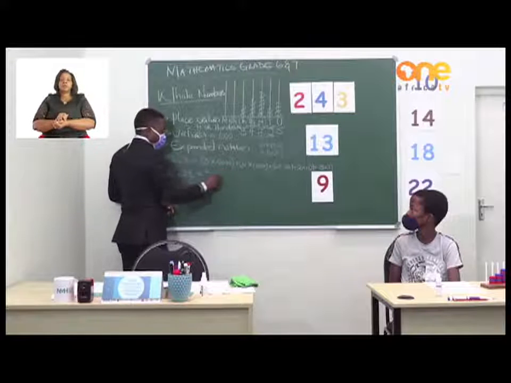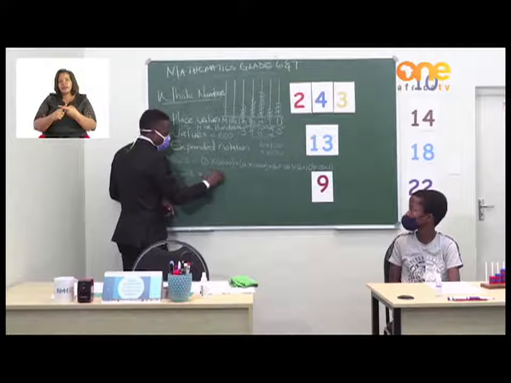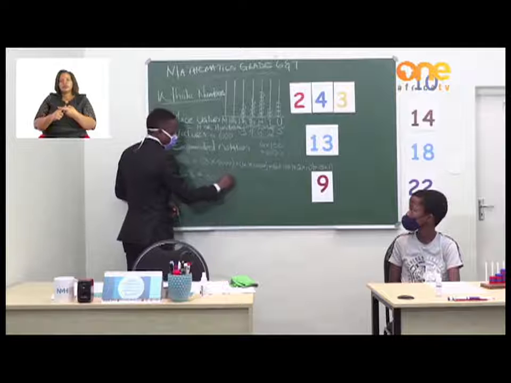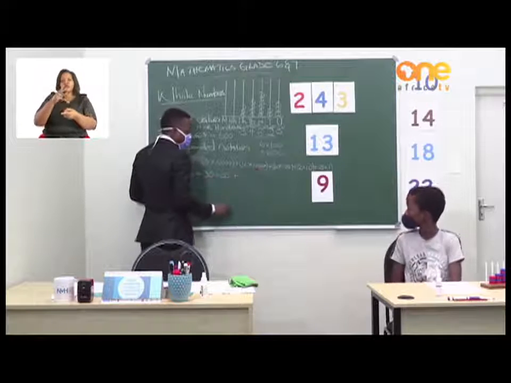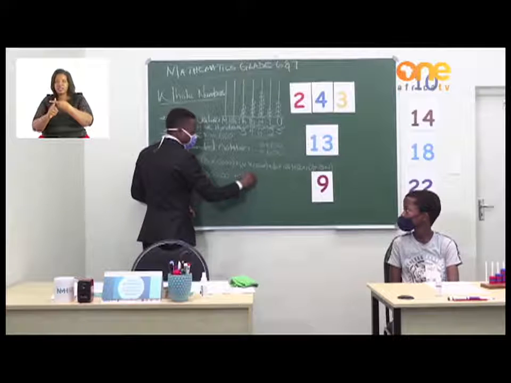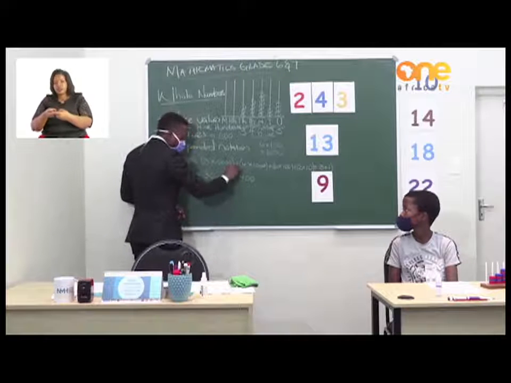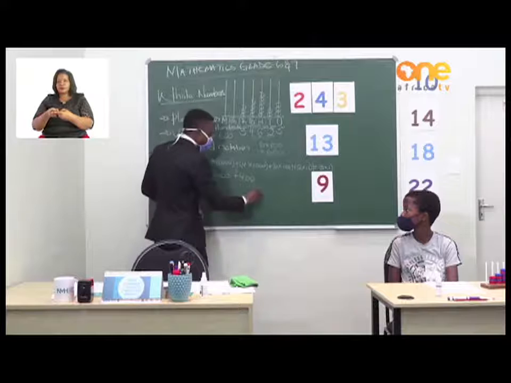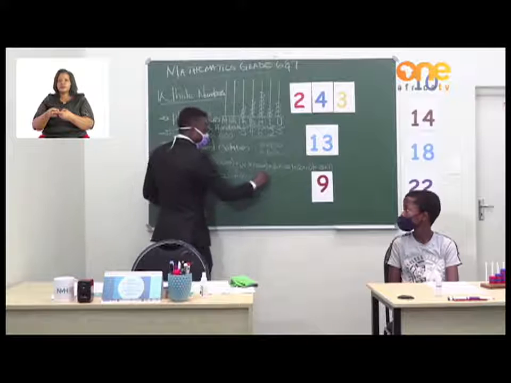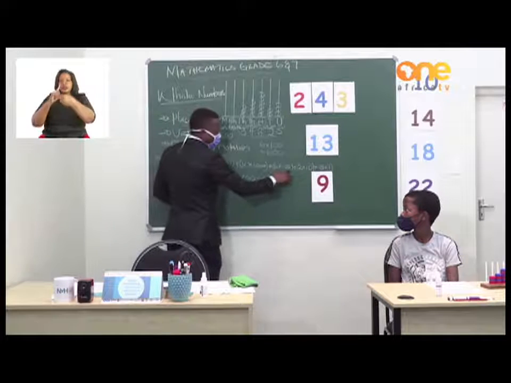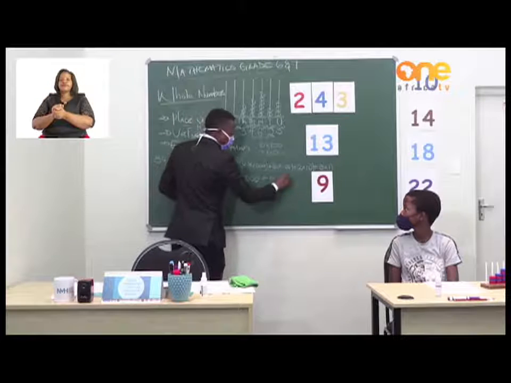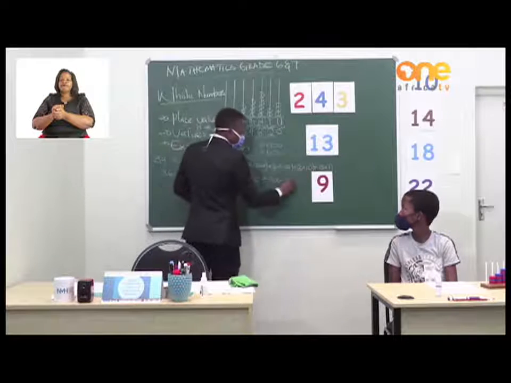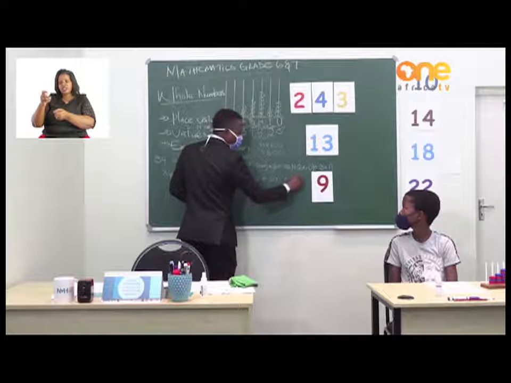If you multiply these, you get 30,000. If you multiply these, 4 times 1,000, you get 4,000. And this addition is coming there, 4,000. And if you multiply 6 times 100, it will be 600. 2 times 10 will be 20.